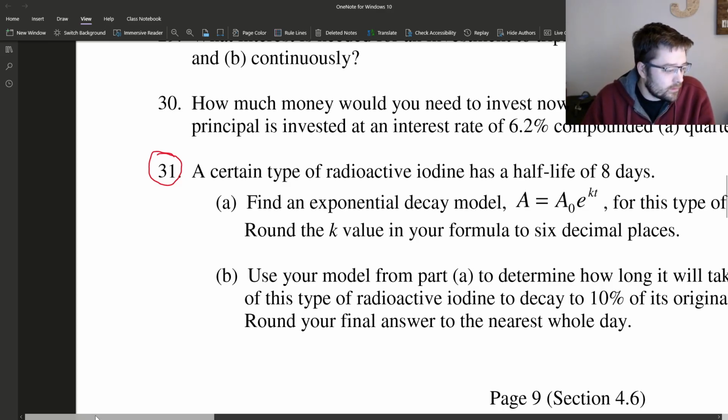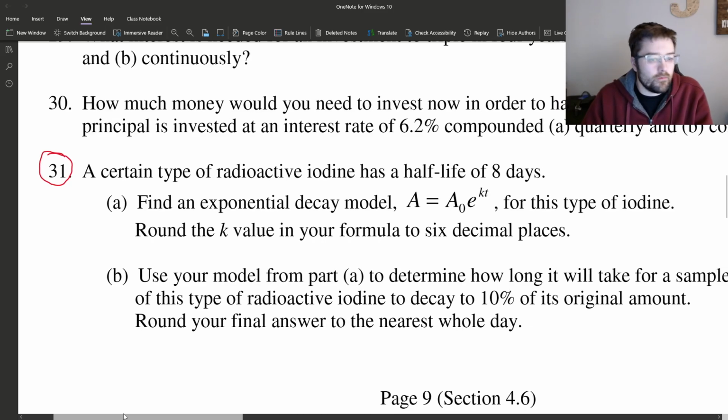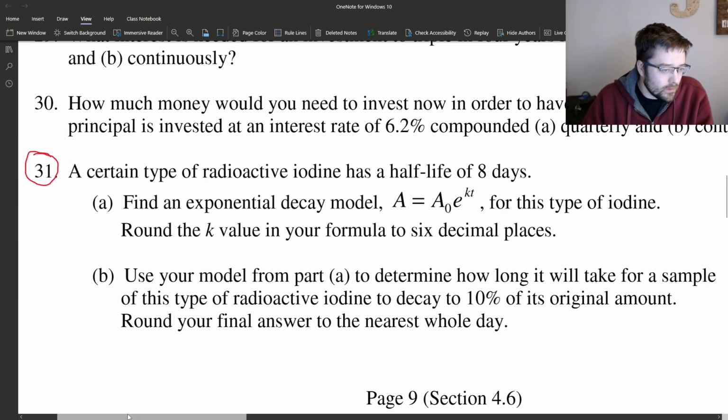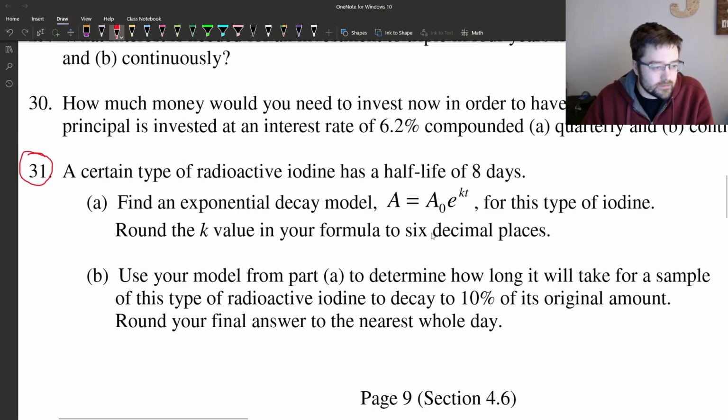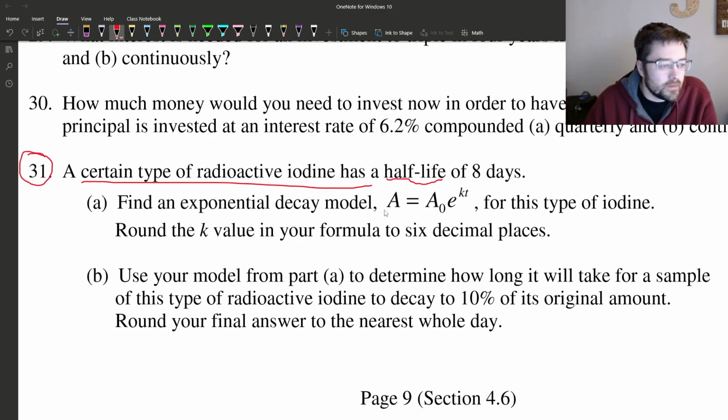On 31, though, it seems like you don't have enough information to do this one, but in reality, half-life of iodine would mean we have half of the amount of iodine left over after we've started with a whole.